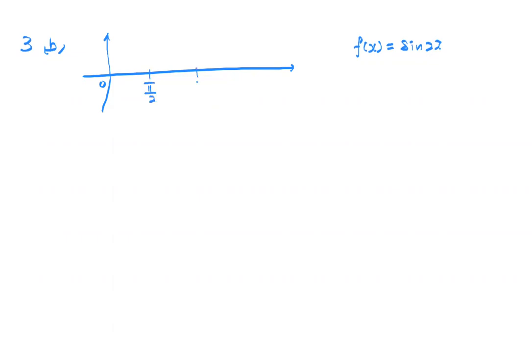If I do 3B, if I plot the graph of f(x) equal to sin 2x, with pi by 2, pi, 3 pi by 2, the graph will go 0 to maximum to 0 to minimum to 0 to maximum to 0.